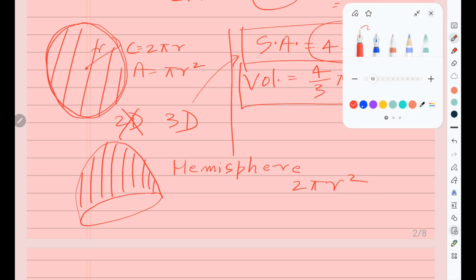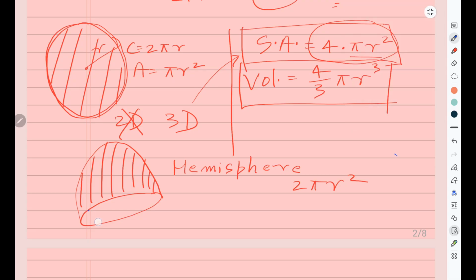And then we can say that this is actually pi r square. Why? Because this is the base, and when we cut the sphere in two parts, a circle will get exposed, isn't it?